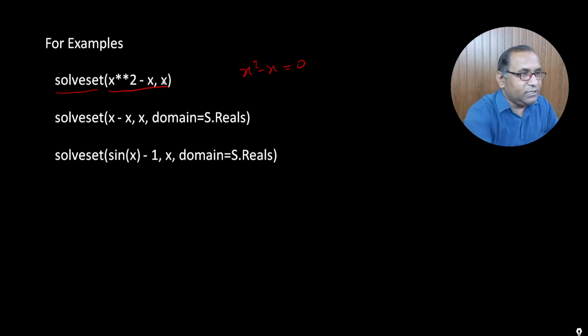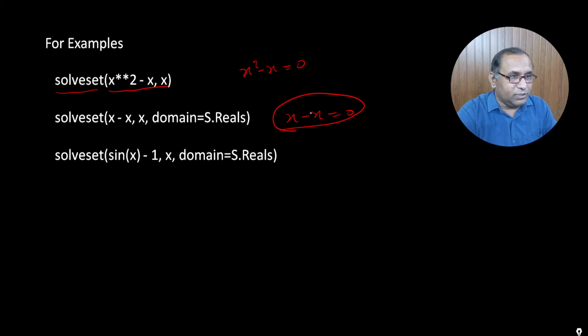Quite easy to use. Another way is if we have the equation x square minus x is equal to 0, and we want to solve this equation for reals. Okay, so the domain is reals, which will be inserted in this way: domain is equal to S dot Reals.